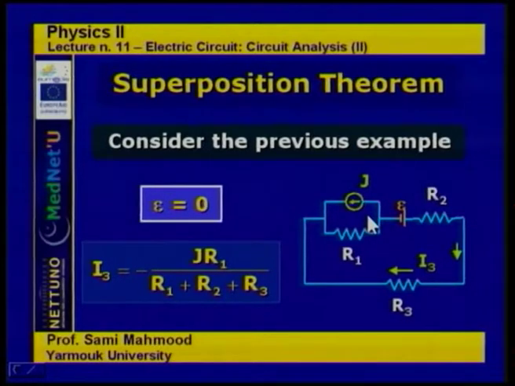Considering that the current generator provides a voltage in the opposite direction to epsilon, we have this minus sign here, and I is the voltage provided by the current generator, which is minus JR1, in series with the resistors R1, R2 and R3, divided by R1 plus R2 plus R3.